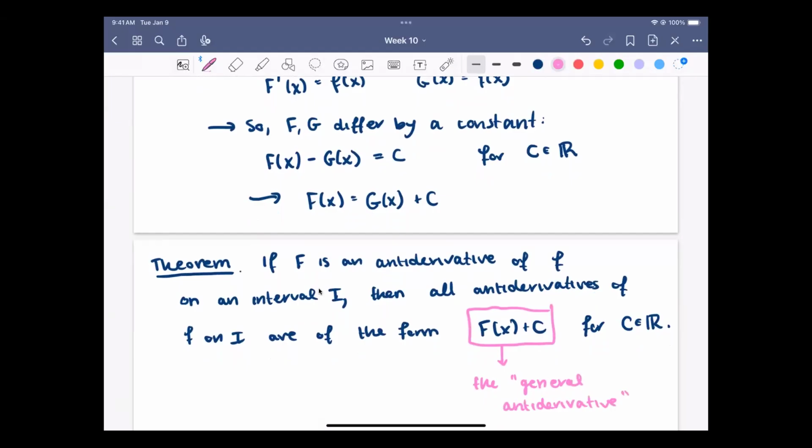So you will often see 1/3 x cubed plus c as the general antiderivative. And then the choice of F, so this guy, is referred to as a particular antiderivative.